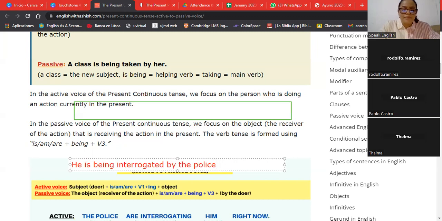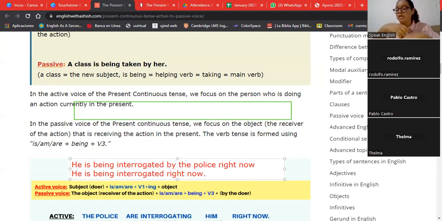Right, we can even say this: He is being interrogated right now, right? Exactly. The doer is optional, right? By, and then the subject, that is optional in the passive voice.